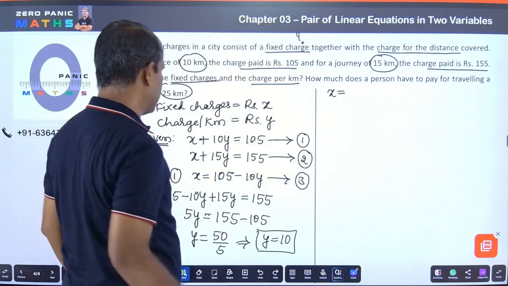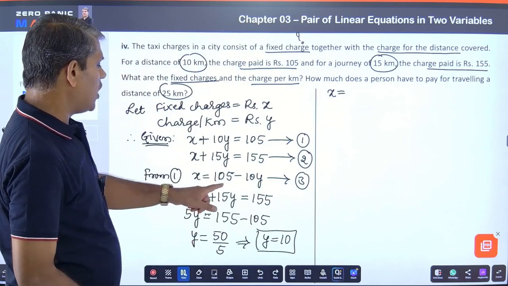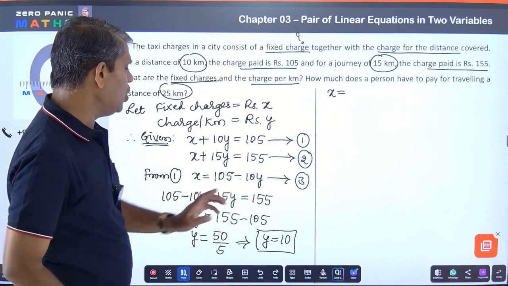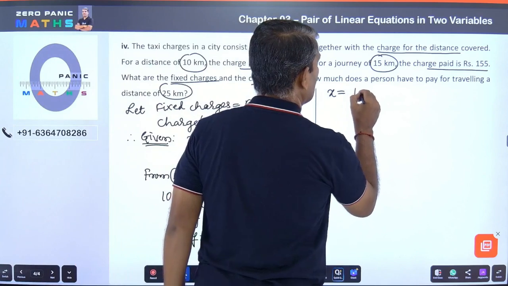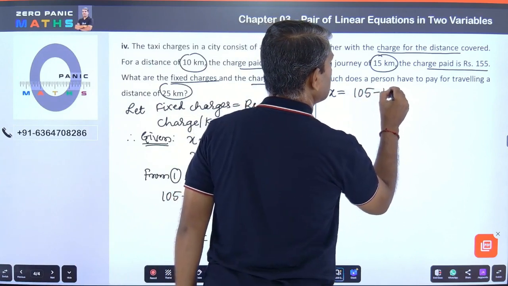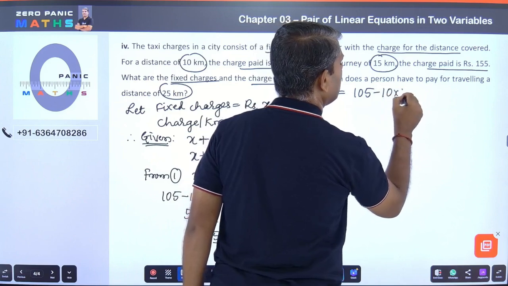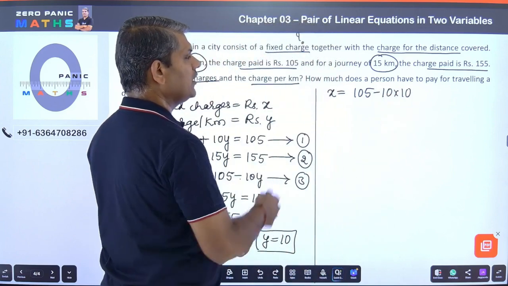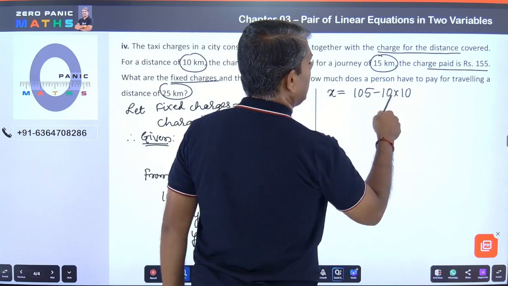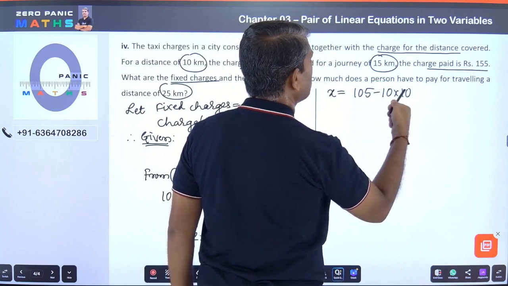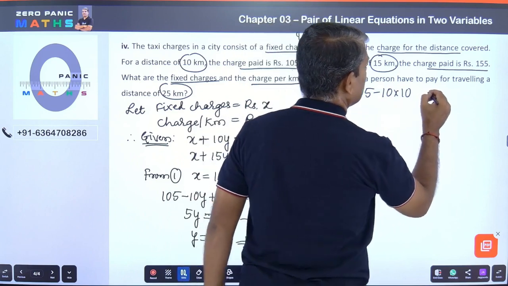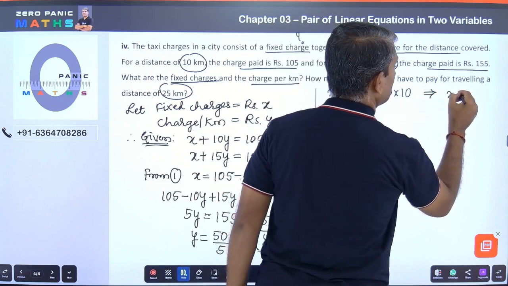You should be writing that line, remember that. Okay, 105 minus 10 into 10, right? 10y it is, so it is 10 into 10, 100. 105 minus 100, x is equal to 5.